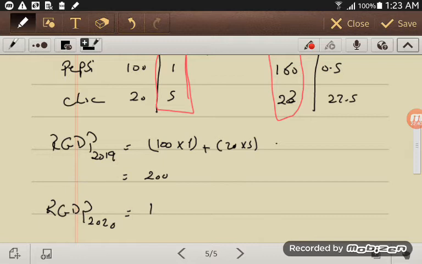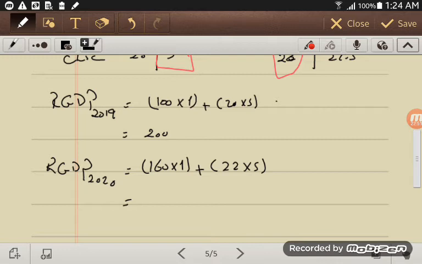So it's 160 multiplied by 1 plus 22 multiplied by 5. So it will be 270.